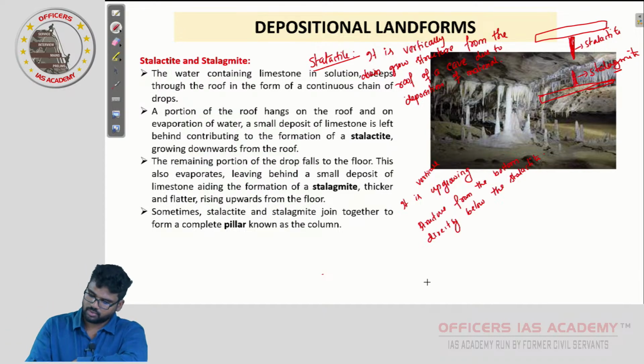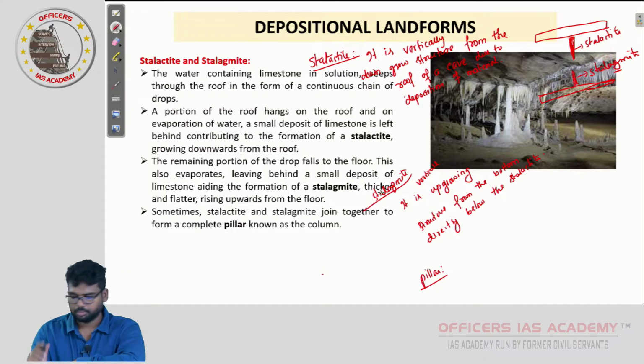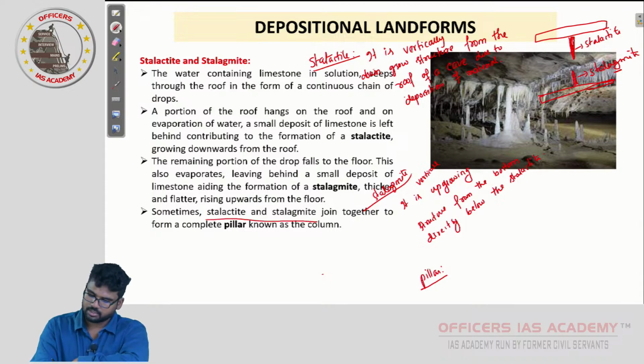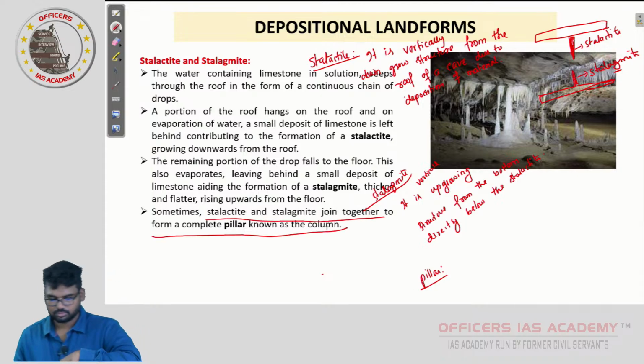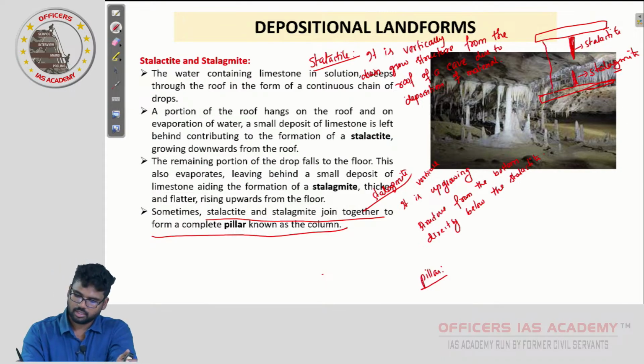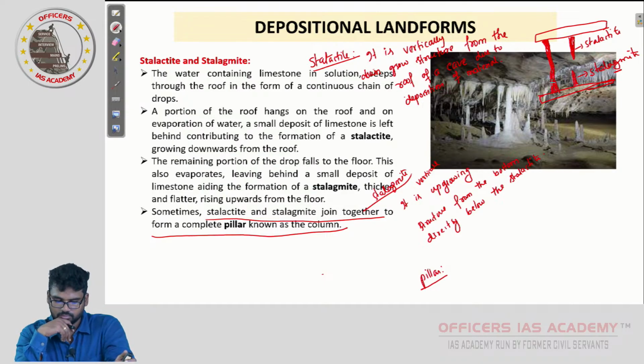Then the next one is pillar. Pillar, please write. When stalactite and stalagmite join together, they form a complete pillar known as column.